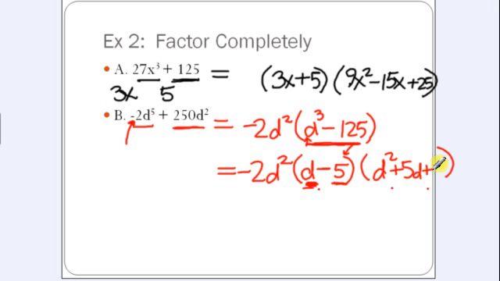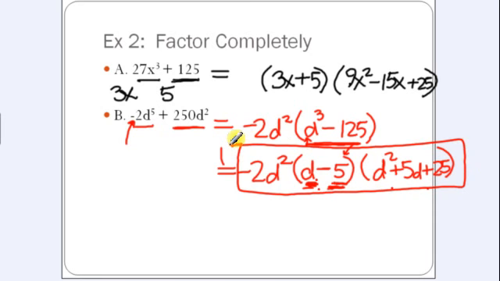So this 5 I'm going to treat as a positive because the negative has already been taken care of within the pattern. And then last times last, so we want to square the b here, and I get plus 25 in parentheses. So my answer, this problem completely factored, is that right there.